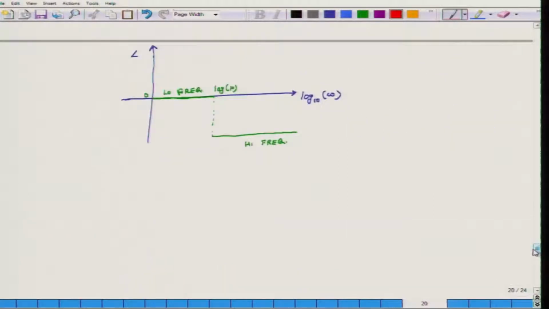If you do that plot, then the actual phase plot will look something like this. So, this is the actual phase plot, and the green line is the asymptotic plot.